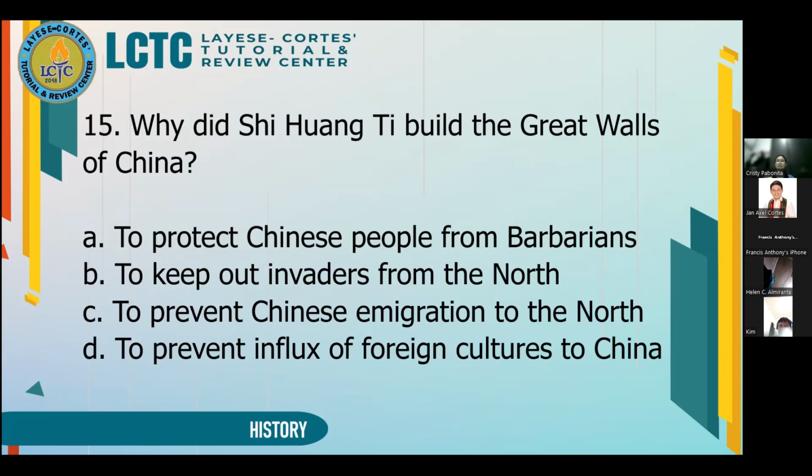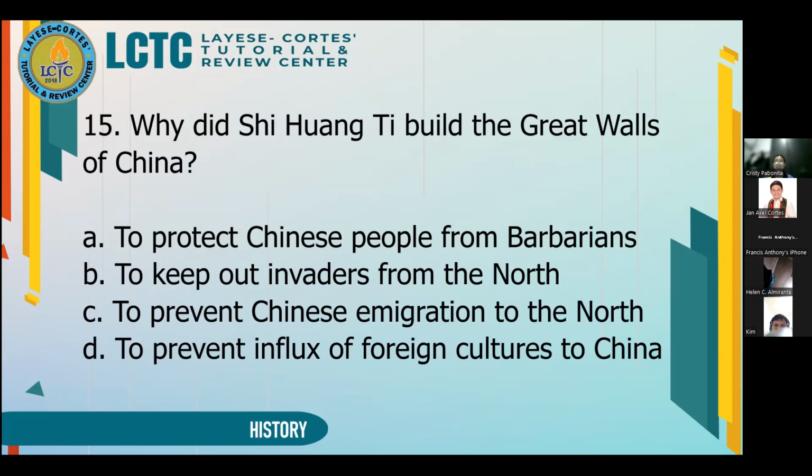So what was the first purpose of the Great Wall of China? Wild guess. To protect Chinese people from barbarians. Yes, very good. That's the main, or primary purpose of building the Great Wall by Shi Huangdi, to protect the Chinese people from barbarians. But today, it is already used for tourism.